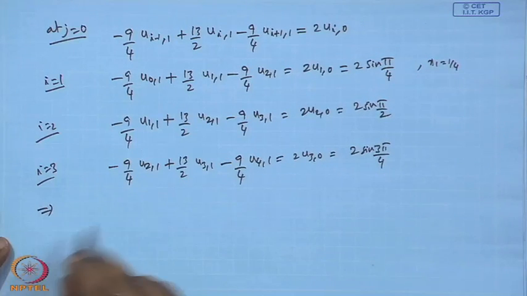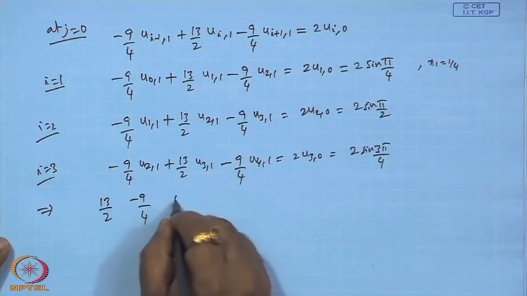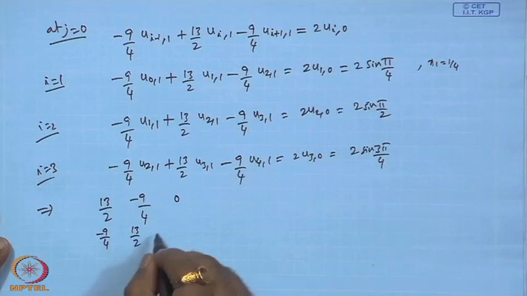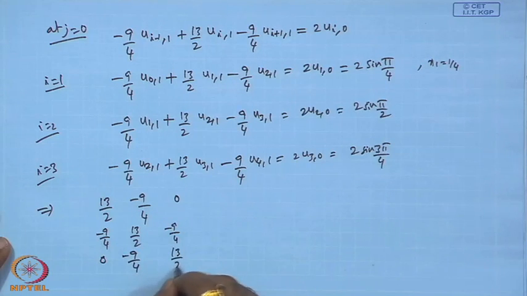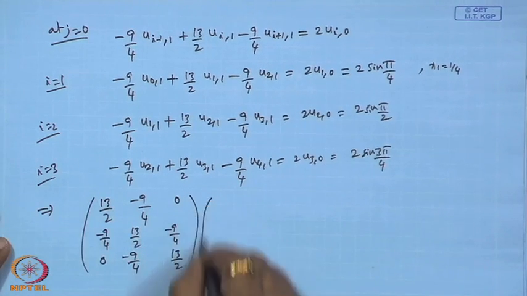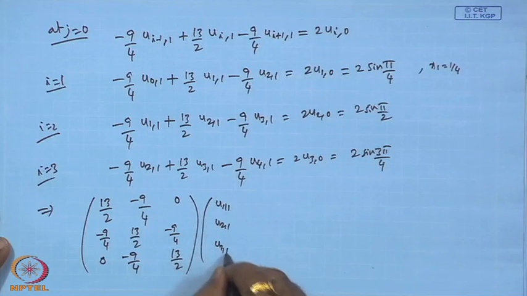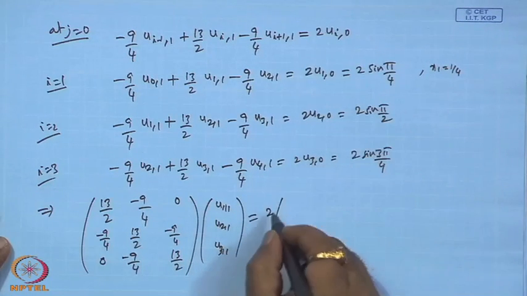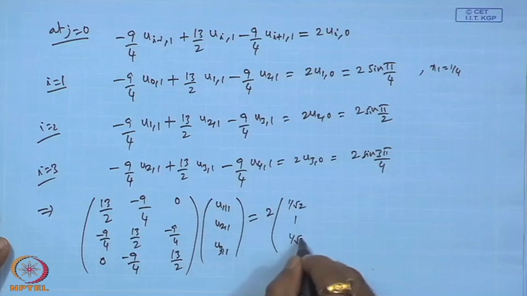So, this can be put in matrix form. So, you can simplify. So, this will be 1 by root 2, 1.